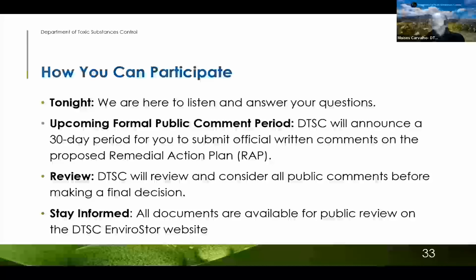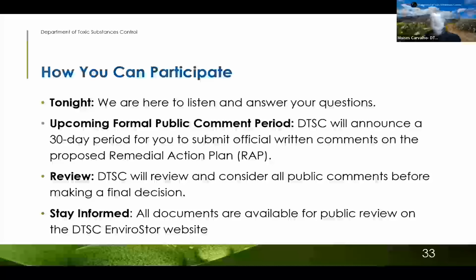So this meeting is to introduce our understanding about the contamination that we have found on site, and the remedy that we are at this point considering. When we finalize the remedial action plan, there will be a formal document that will be publicly available.